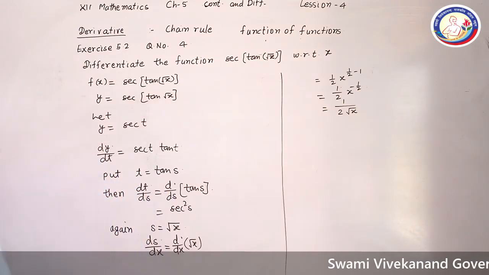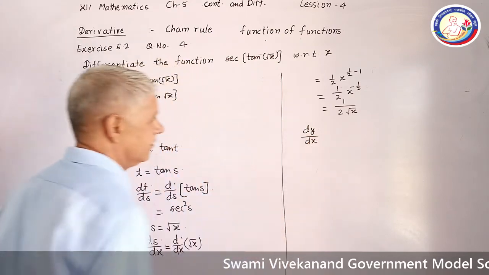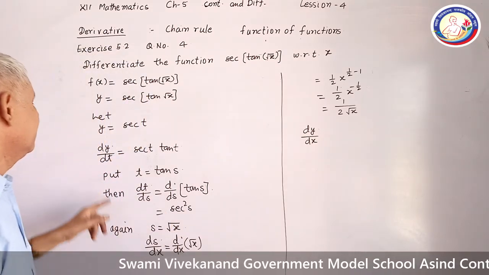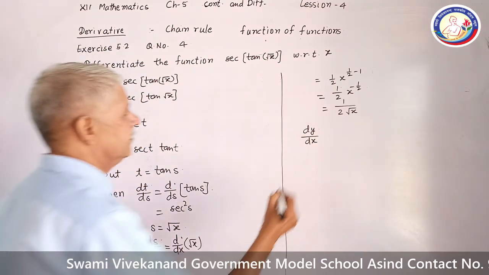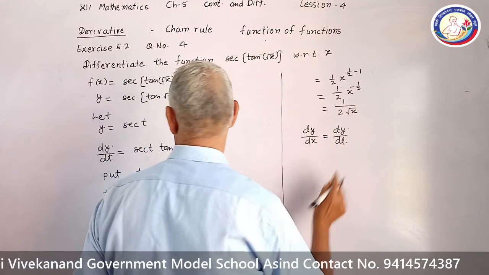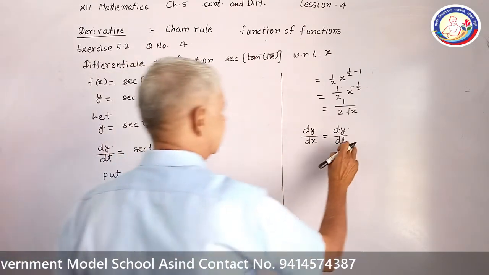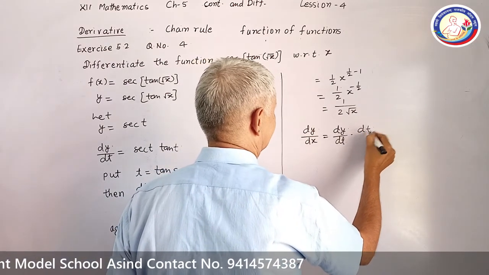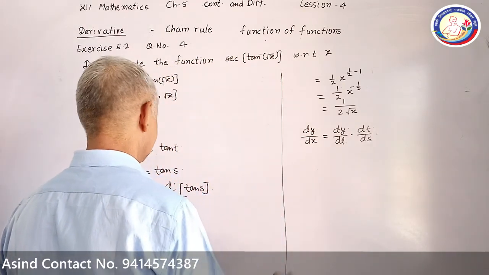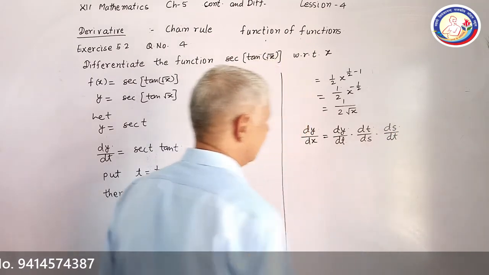Now, with our chain rule, y is a function of x, but it is a composite function. So first of all, taking t, dy by dt. Now what is the differentiation of t with respect to s? This is dt by ds. And then the third function, s, ds by dx, by chain rule.